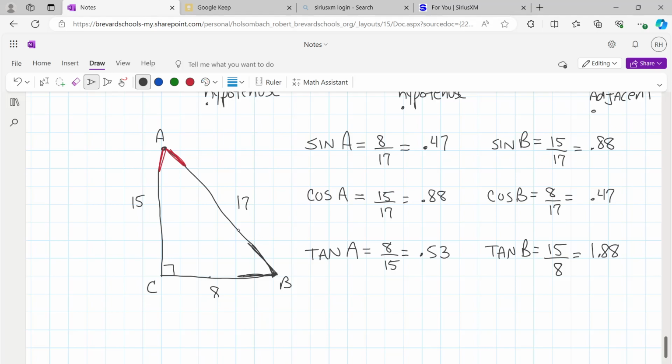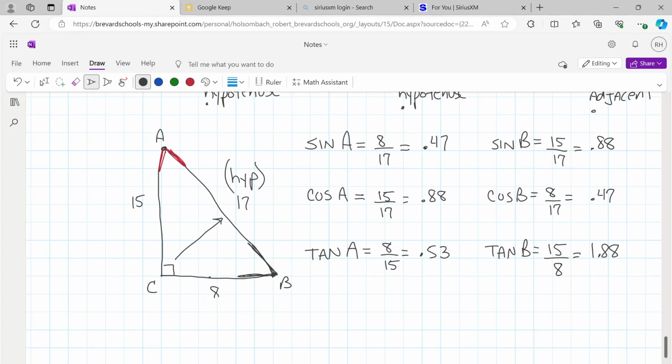Make sure you understand that once you're given this triangle, the hypotenuse is the hypotenuse. The hypotenuse is always the side opposite the 90-degree angle. You may want to label it when you draw the picture. What happens is some people in the past have confused the hypotenuse with the adjacent.